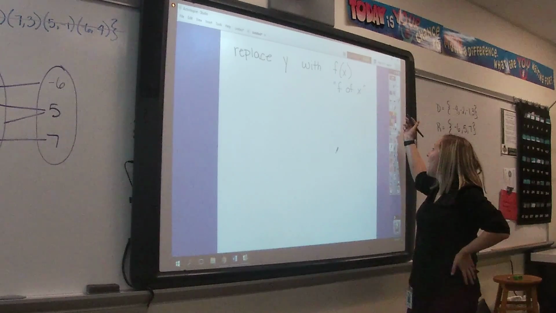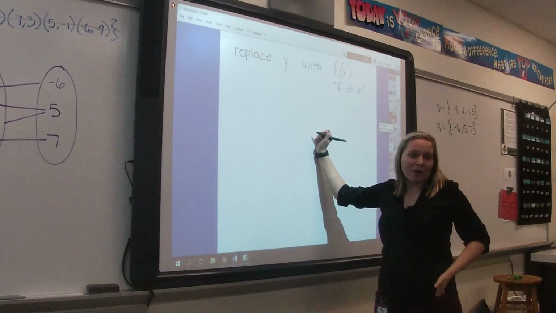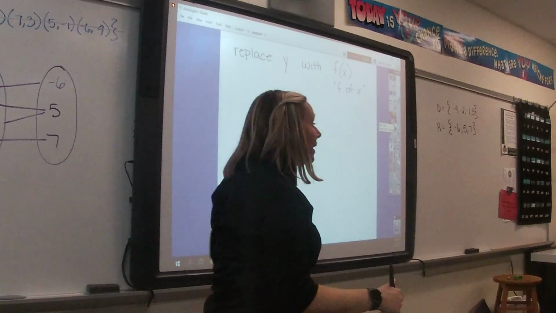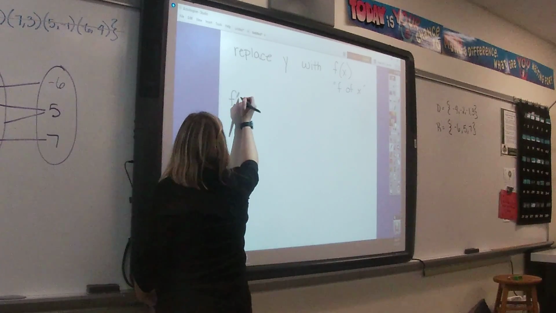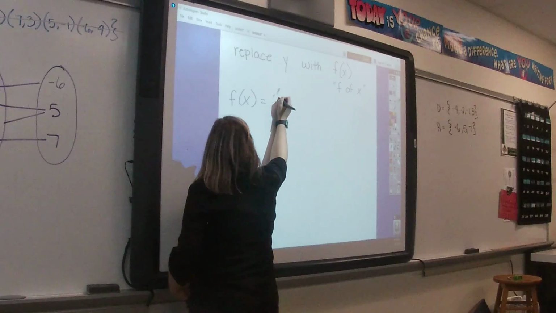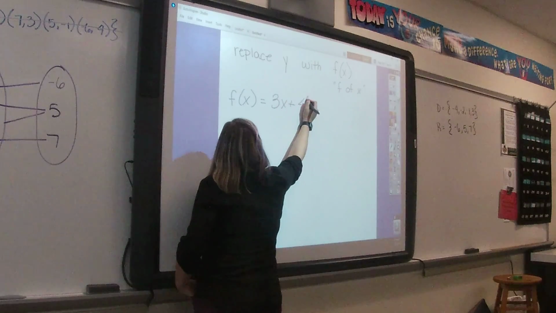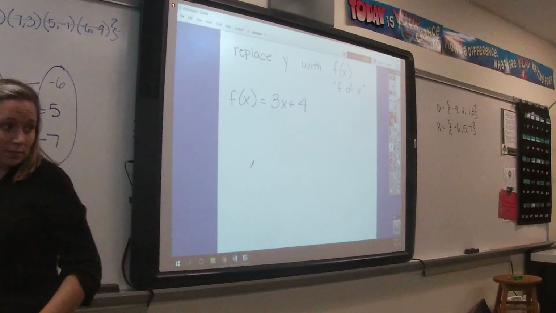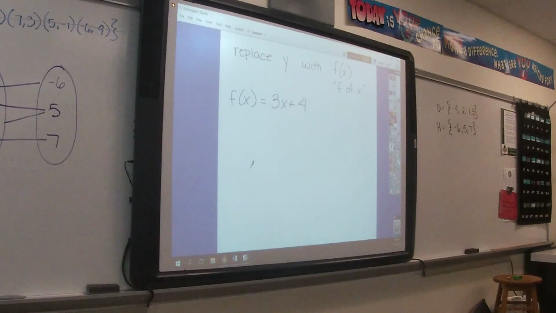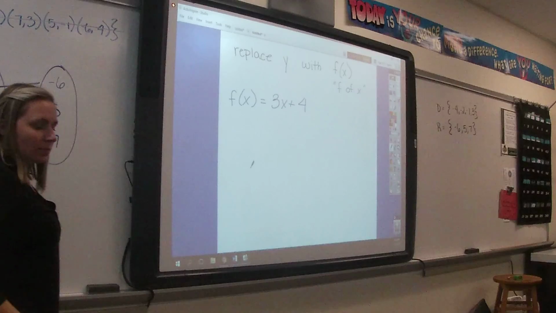Okay, so if I had y equals 3x plus 4, I could get rid of that y and I could then replace it with f of x. So right, we were dealing with y equals 3x plus 4. But now I'm going to replace it with f of x equals 3x plus 4. So there's nothing different. Just that look.